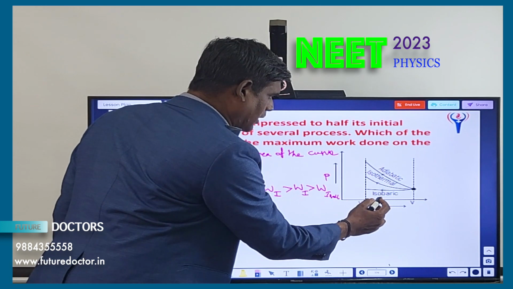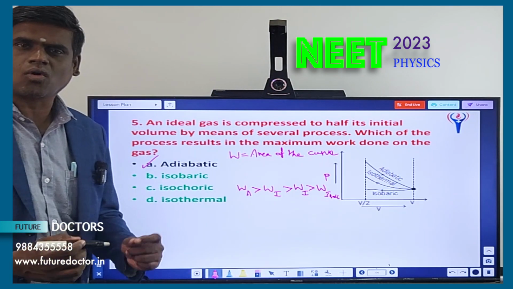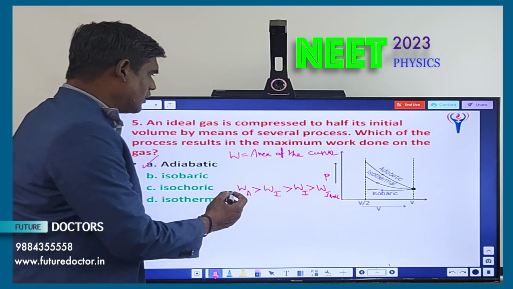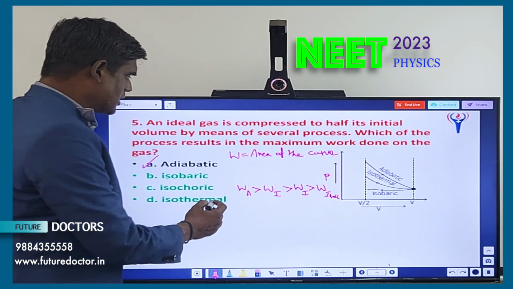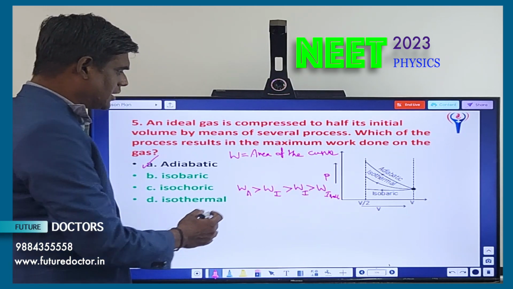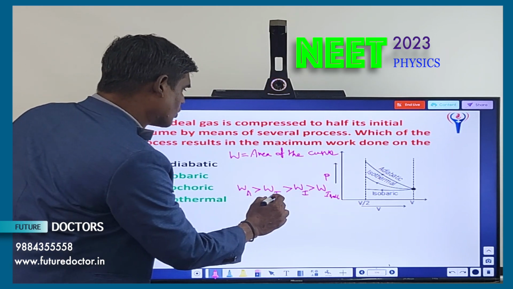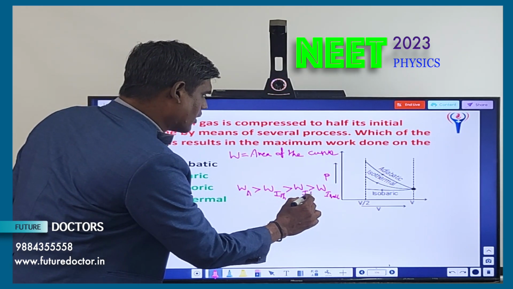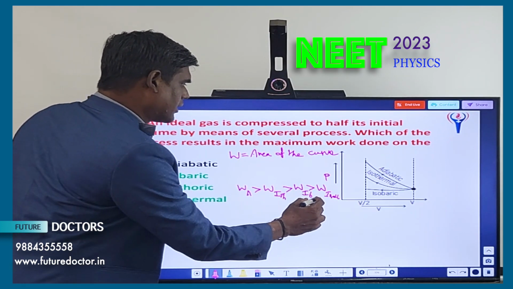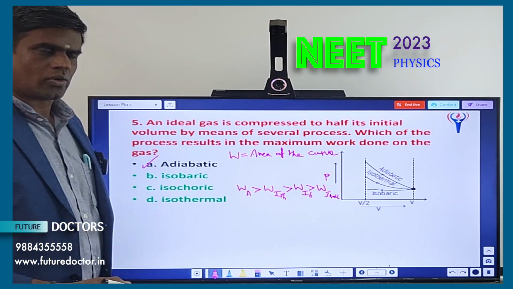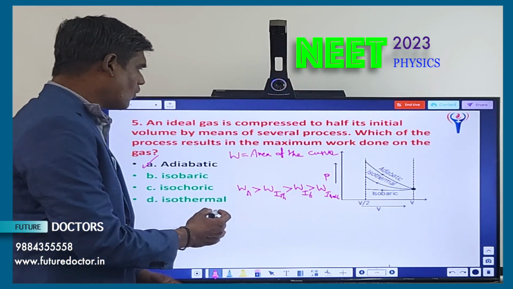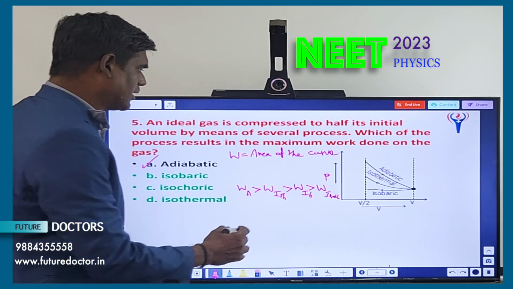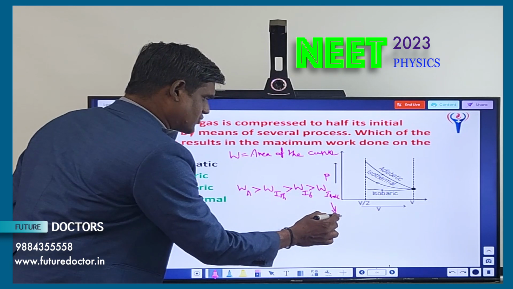Adiabatic, isothermal, isobaric, and isochoric is 0. And adiabatic is maximum. That is, work done in adiabatic is greater than work done in isothermal, which is greater than work done in isobaric, which is greater than isochoric. Work done in adiabatic is maximum and work done in isochoric will be 0.